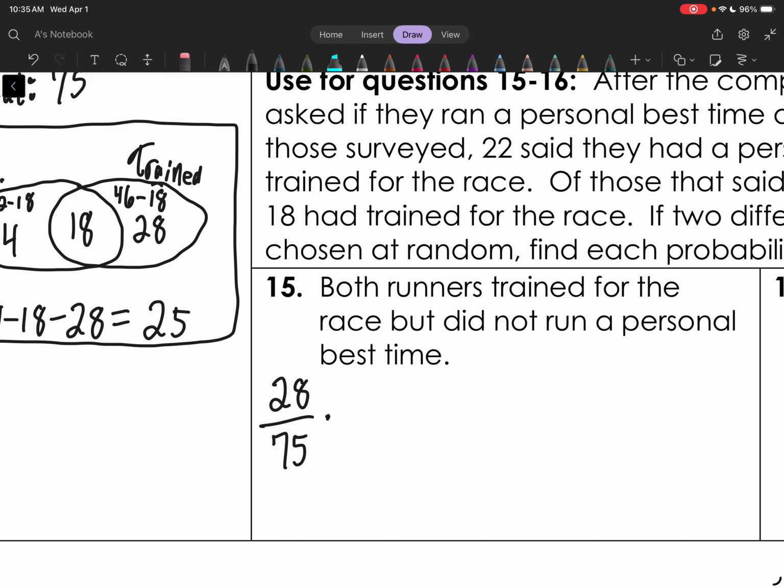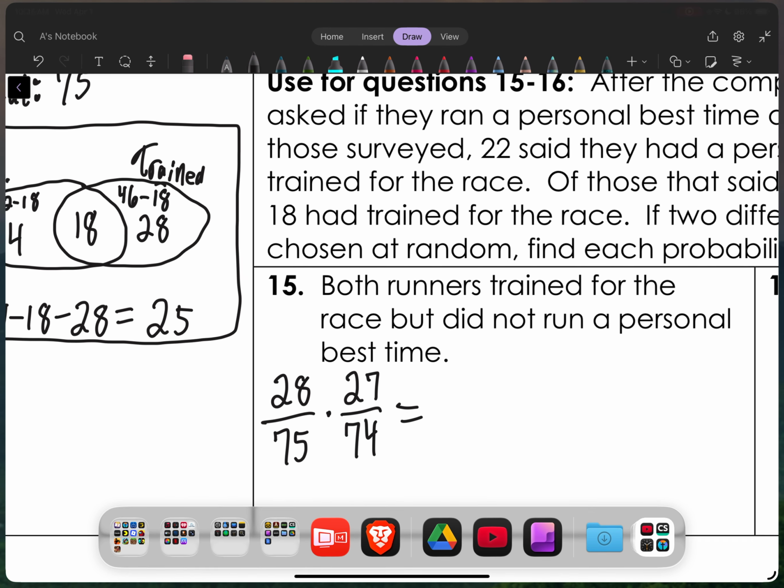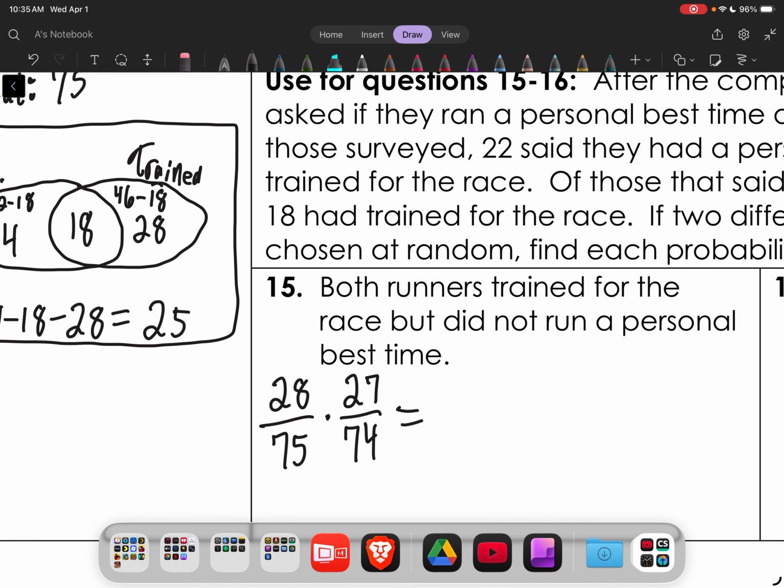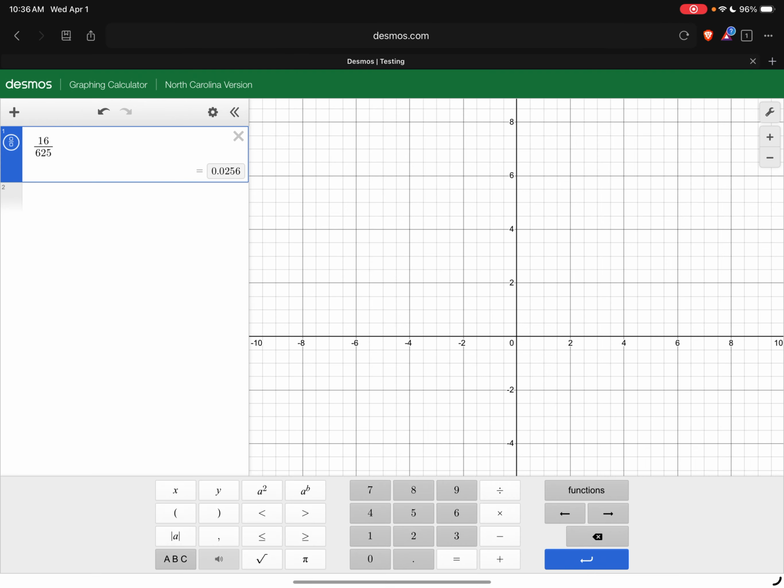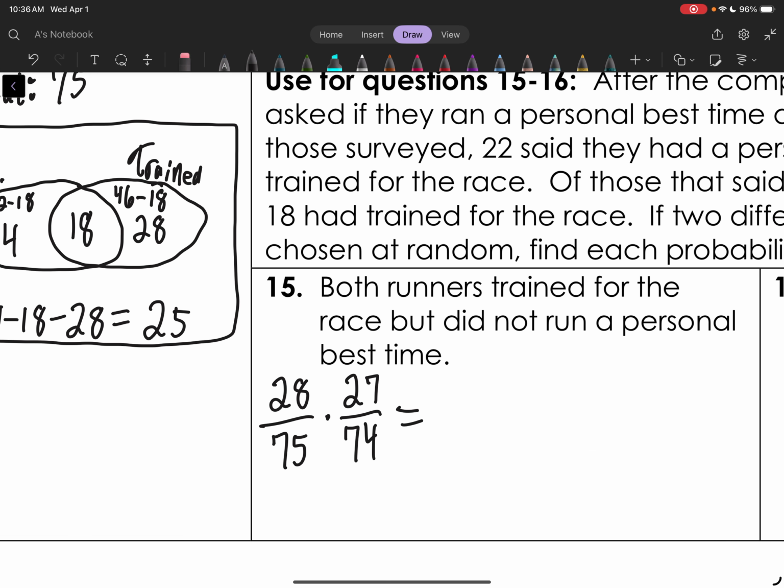For the second group, that one is pulled out, so I have 27 over my 74 now. I don't know what this one is. 13.6%, approximately.